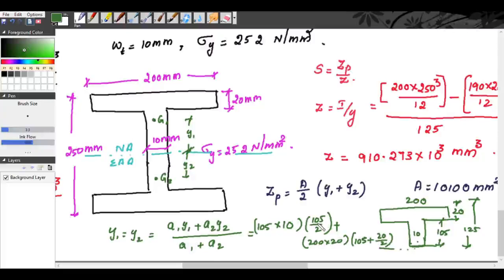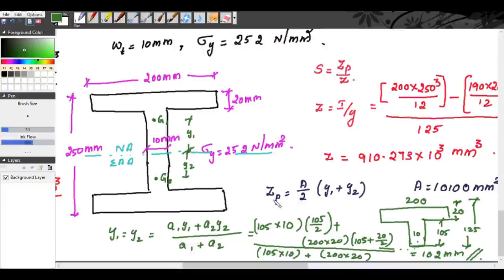So A1 into Y1 plus A2 into Y2 divided by A1 plus A2, that is 105 into 10 plus 200 into 20. So we get Y1 is equal to Y2 is equal to 102 mm.